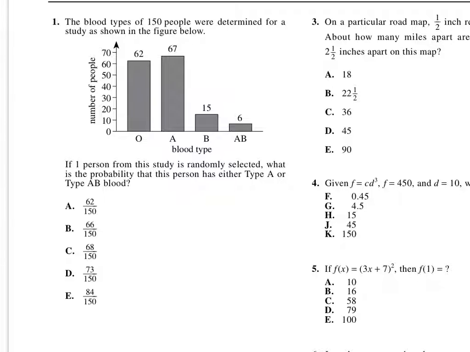So there are 150 people total, so you are going to need to know that, and you can see that in our answers. It's in every answer there. So type A, there are 67, and type AB, there are 6. So if they have one or the other, I would just add those up, and we would get 73. So I would put answer D.